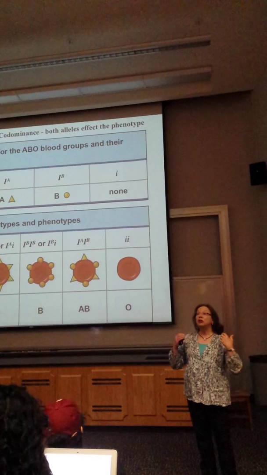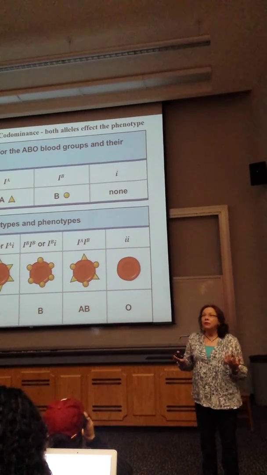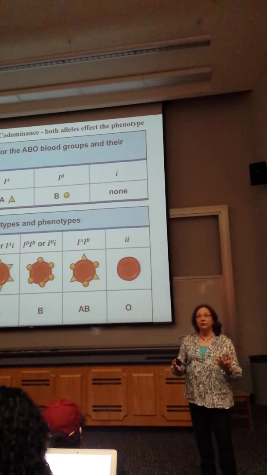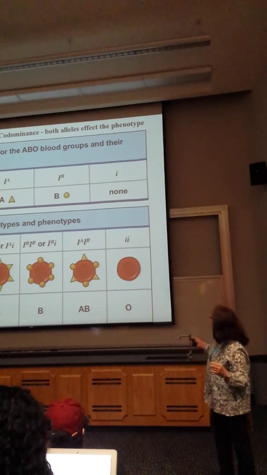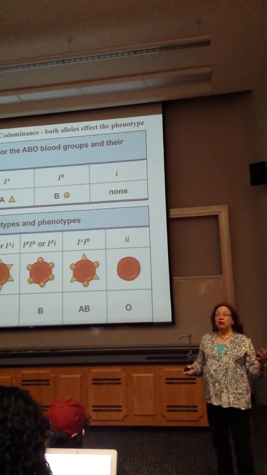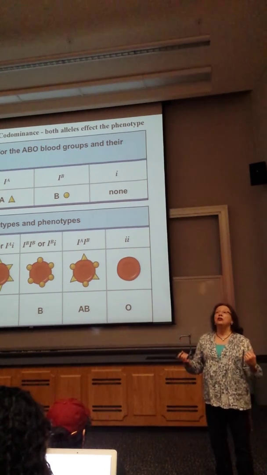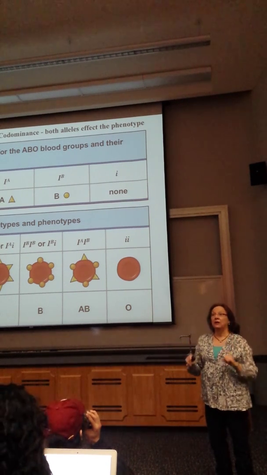Because again, for every gene we have, we get an allele from each parent, and both of those alleles are being expressed. They're both producing protein products. Therefore, we can consider all genes to basically be codominant in that you have protein products expressed from both alleles.